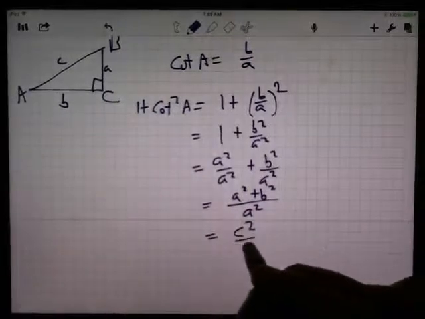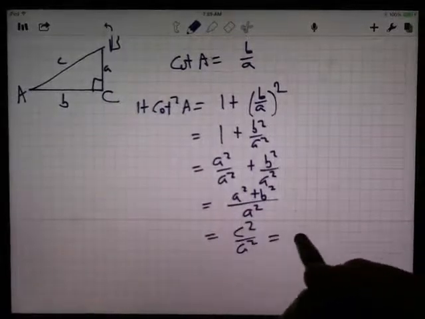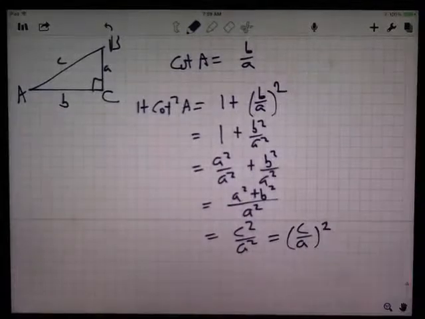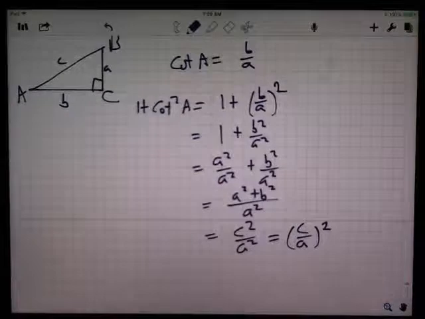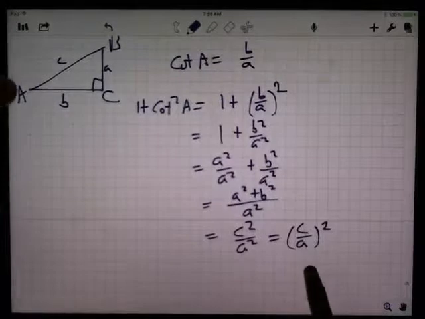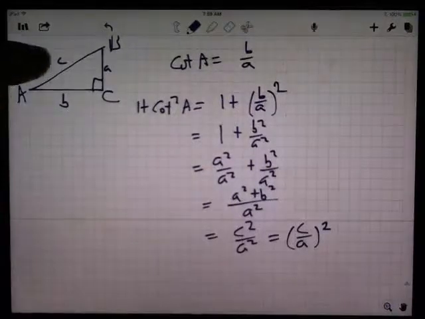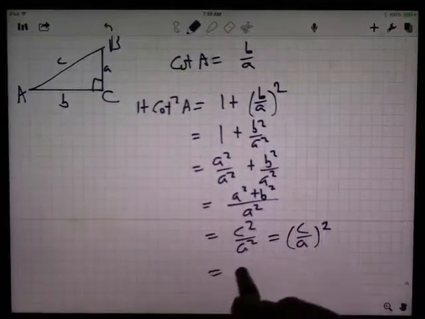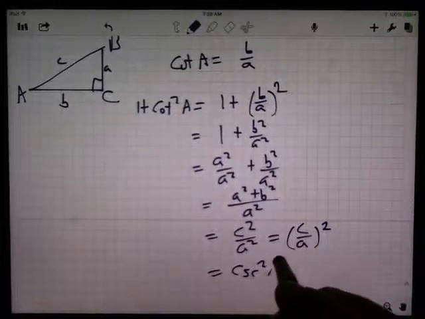So I've got C squared over A squared, which I want to write as C over A, squared. Now I know I go pretty fast here, but you can always rewind a little bit and listen to me again. C over A, I'm talking about angle A here. C and A, that's the hypotenuse on the opposite side. That must be the cosecant, and it's squared. So this is the cosecant squared of A.